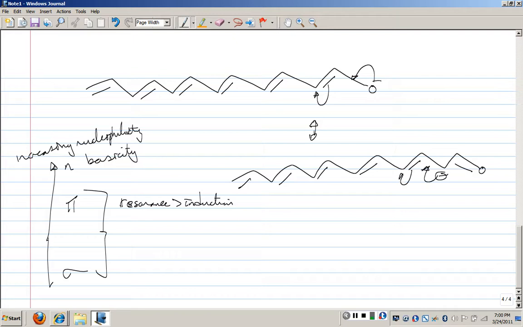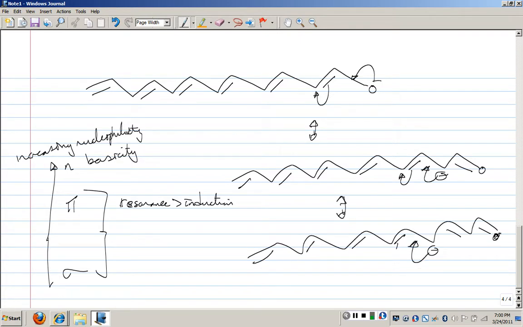So I can draw this resonance form. And I can draw this resonance form, and so on and so on. In other words, the resonance effect, not only is it stronger, but it does not die off. So I can say this minus charge is actually delocalized over this entire skeleton.